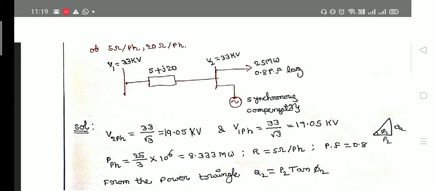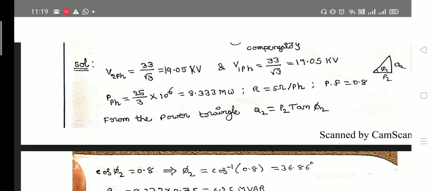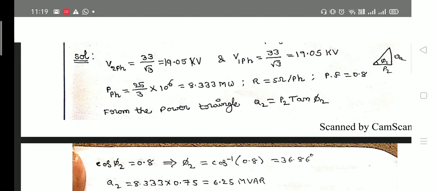Here R is equal to 5 ohms per phase, power factor 0.8, and X is equal to 20 ohms per phase. We know Q2 is equal to P2 tan phi 2. The reactive power is equal to P into tan phi. So from this we need to calculate the phi 2 value.